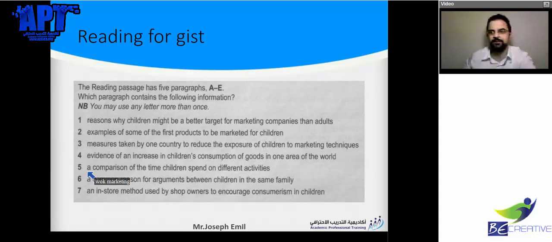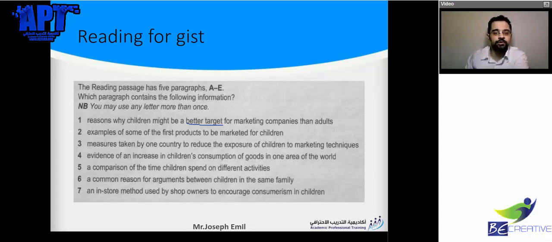So these are a bit of a stretch here, there are lots of words here. As I said earlier, try to look for the keywords. Again, keywords. Reasons why children might be a better target. So, better target. Children, better target. That's one keyword here.